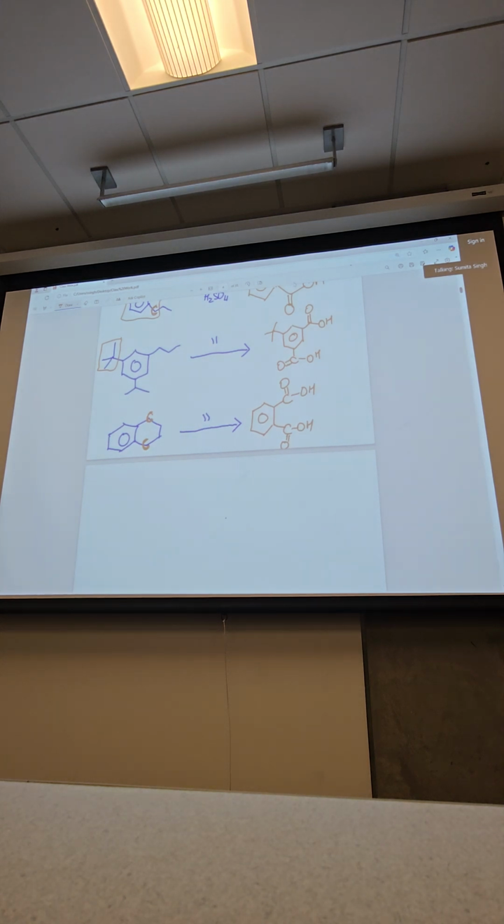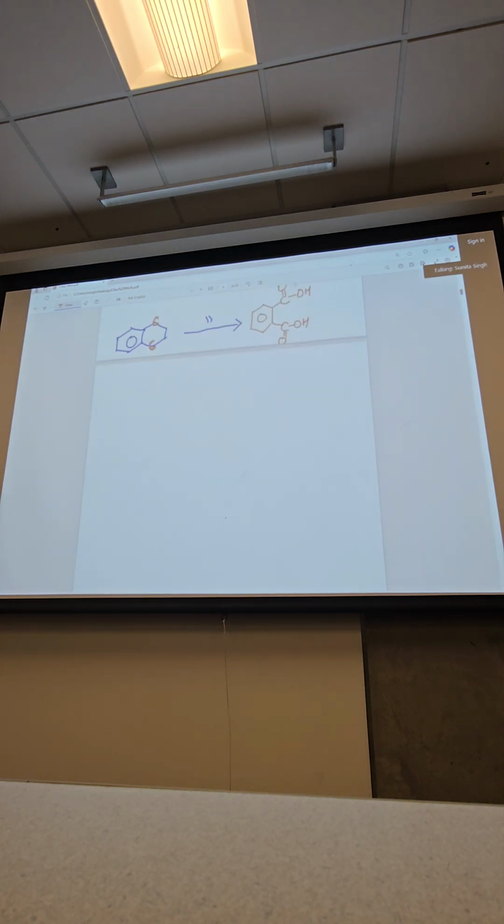And that is reactions of the benzene ring. Things we can do, reactions we can do on the benzene ring.